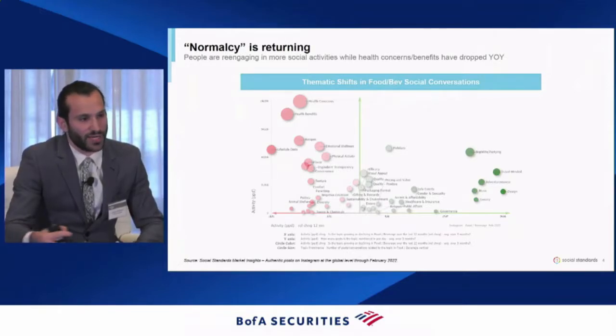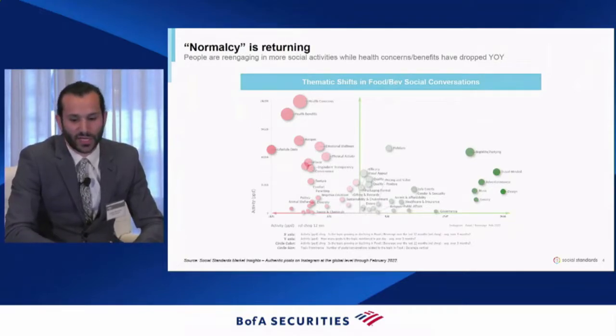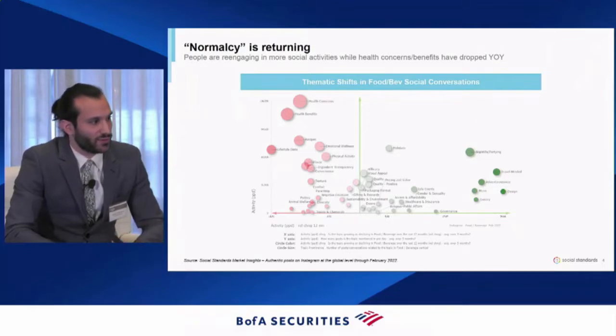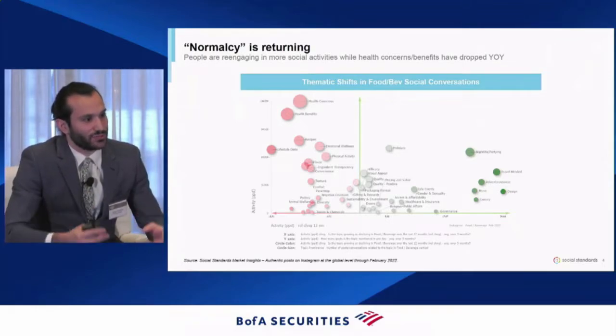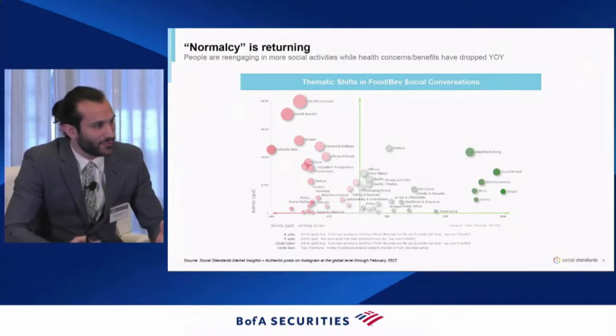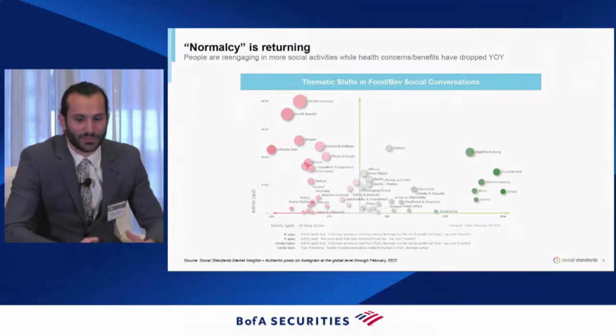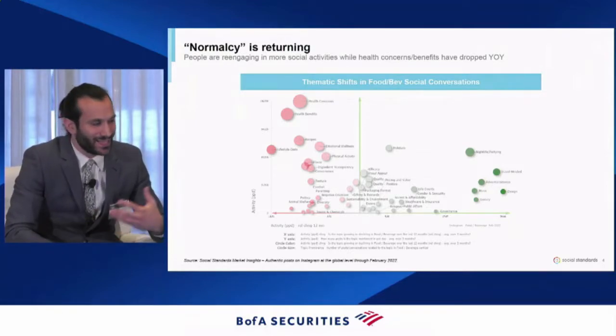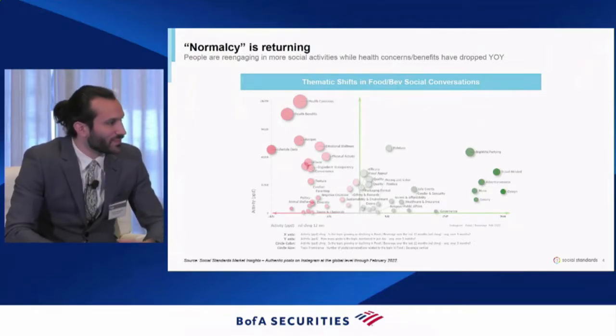Things to the right of that vertical line are growing, while things to the left are declining. What you'll notice is that over the past year, we've seen a shift away from some topics around health and a re-engagement around things related to social activities, like nightlife and partying, travel, music and adventure.